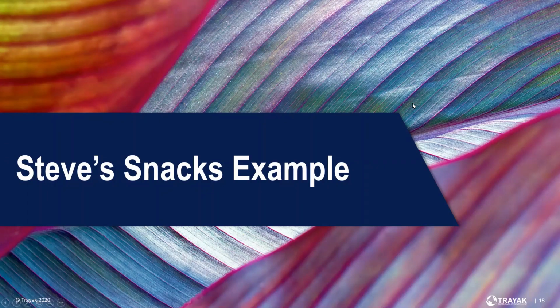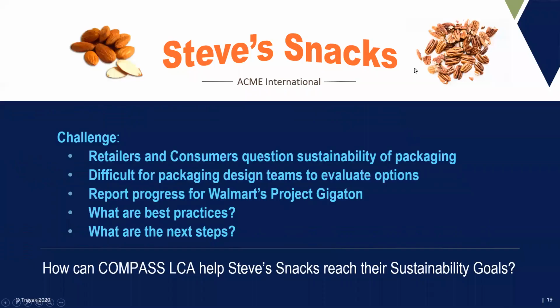Hello, everyone. As Prashant mentioned, we wanted to look at this as if we were a company, and our company is called Steve Snacks, and we're faced with the challenge that our retailers and our consumers are questioning the sustainability of our packaging, and we're not really sure where to start.